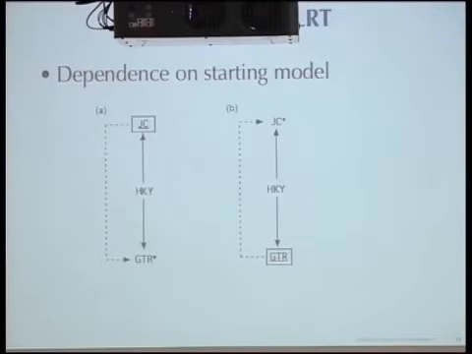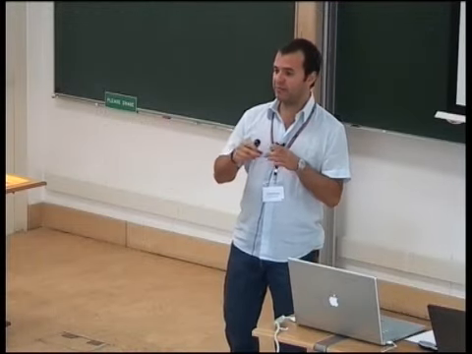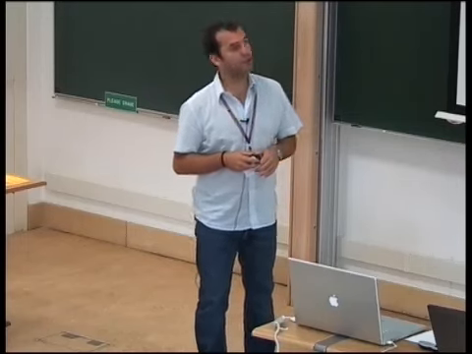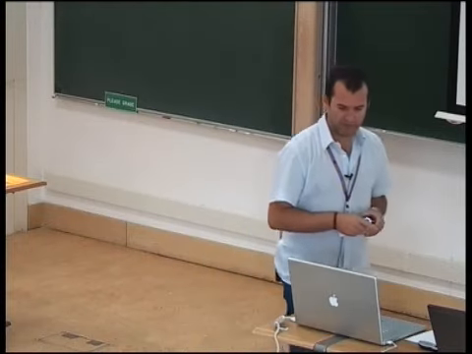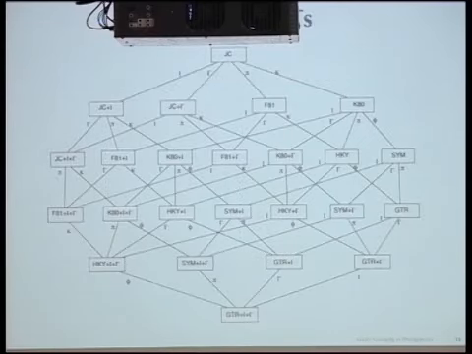And whether we decide to add parameters to a simple model or remove parameters from a complex model, the outcome could be different as well, right? So again, whether it's this addition or removal of parameters, it depends on that. So that's a problem. So I came up with this weird-looking picture.